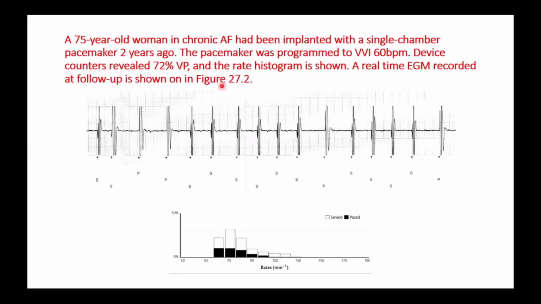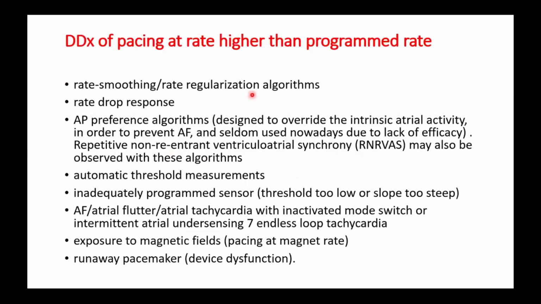In a patient with irregular heart rate like atrial fibrillation, the pacemaker paces at a higher rate and makes the rhythm regular as much as the pacemaker can. It's not very regular, but it's not very irregular. So this is the rate smoothing algorithm feature.